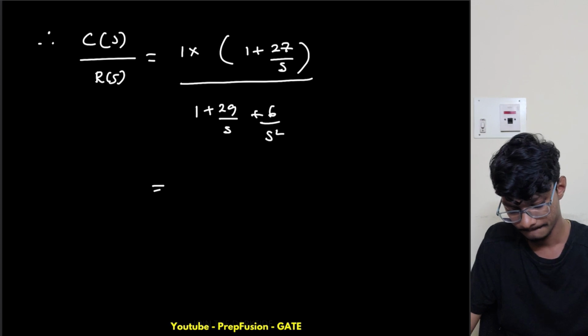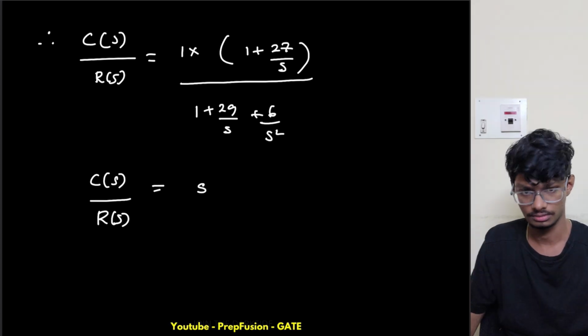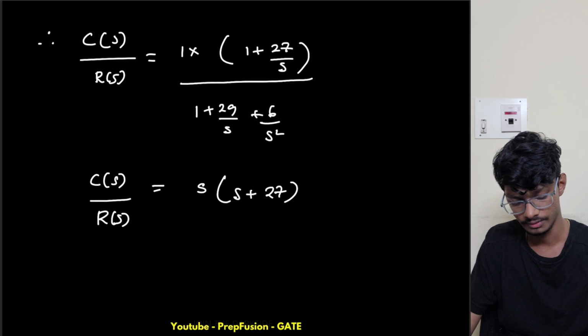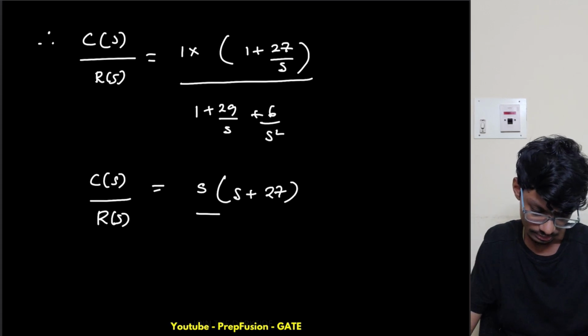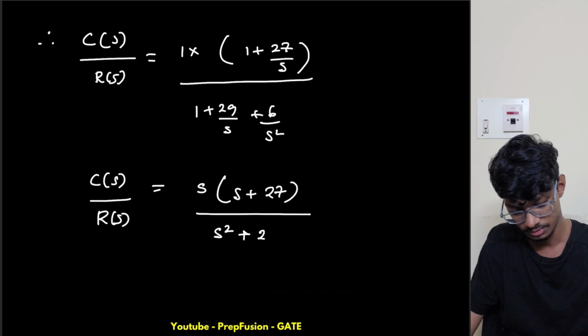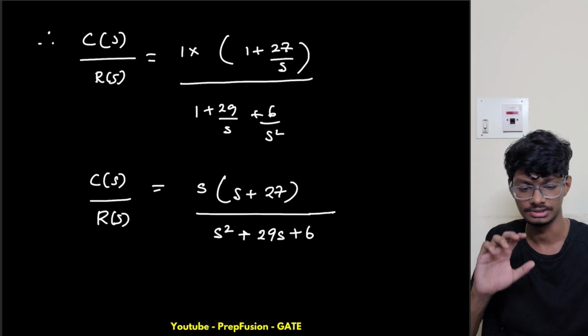So C of s by R of s equals, simply multiplying numerator and denominator by s square, s plus 27 over s square plus 29s plus 6, right? So this is basically our answer for the question.